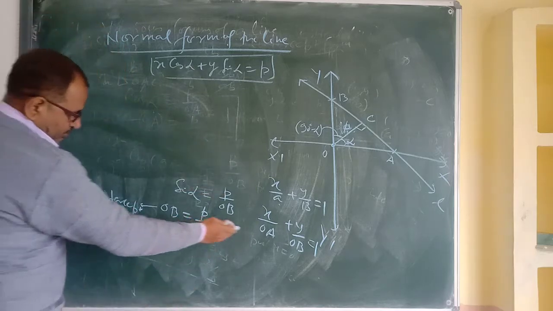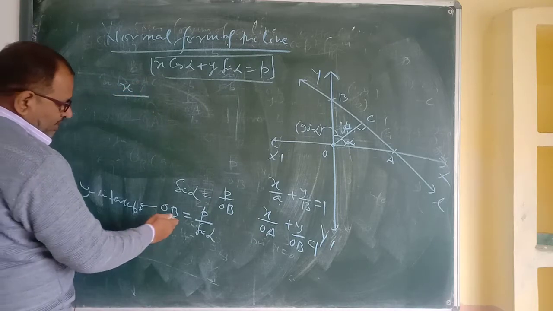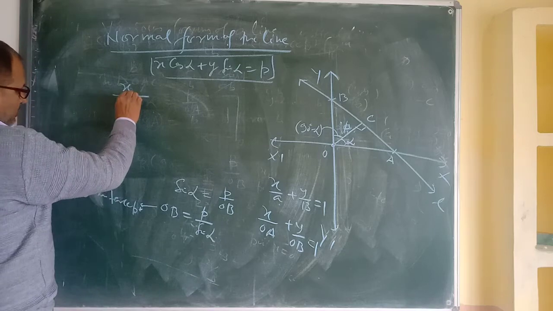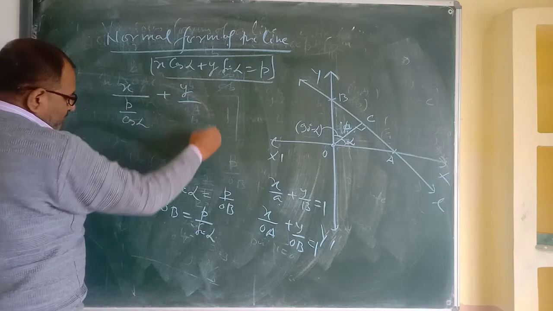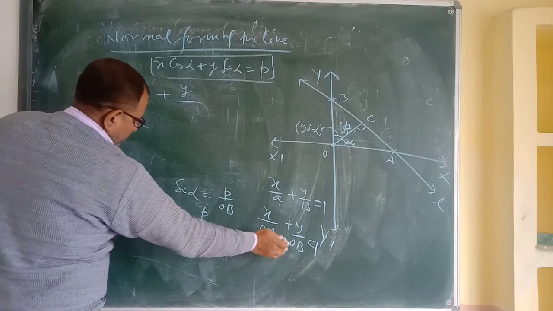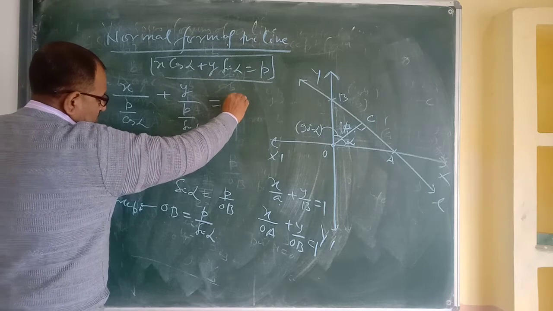Putting the values of OA and OB: x upon p upon cos alpha plus y upon p upon sin alpha is equal to 1.